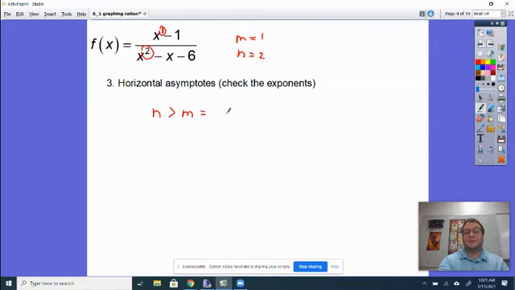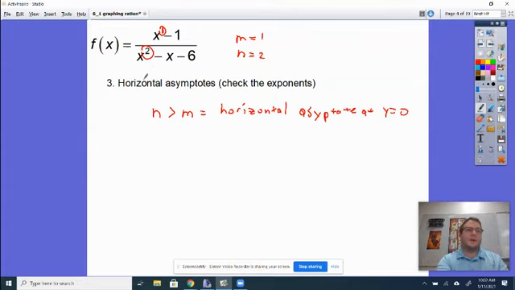If this is true, then we're always going to have a horizontal asymptote at y equals 0. Okay, we'll look at cases where that's not the same, but if the denominator has a bigger leading exponent, or the degree of it is bigger, then we're always going to have an asymptote at y equals 0.